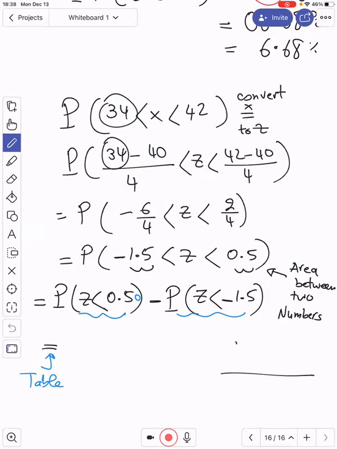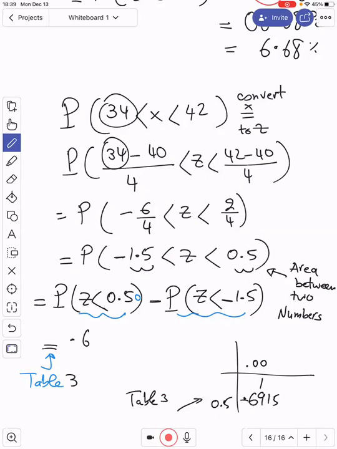And then I think the answer is 0.6915 here. This is table 3, sorry.